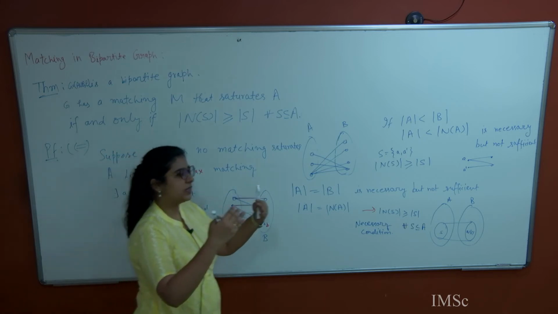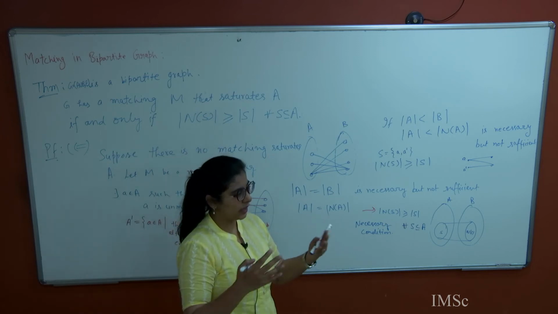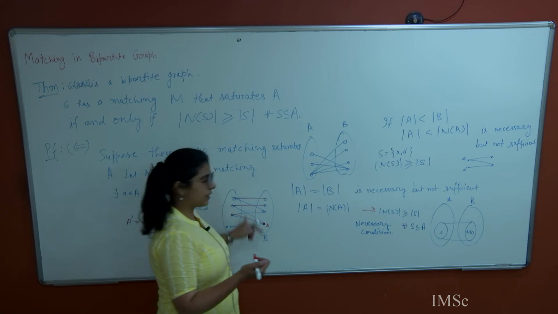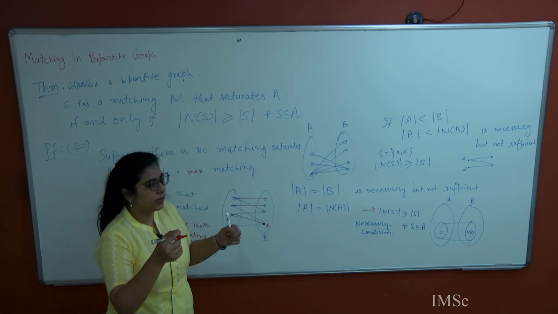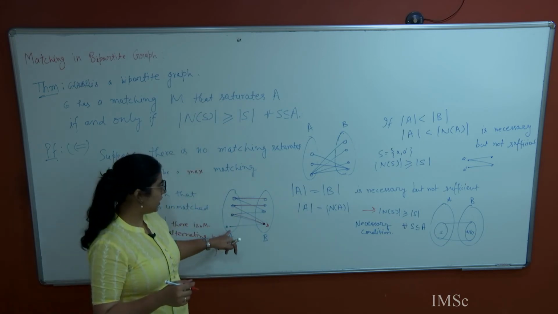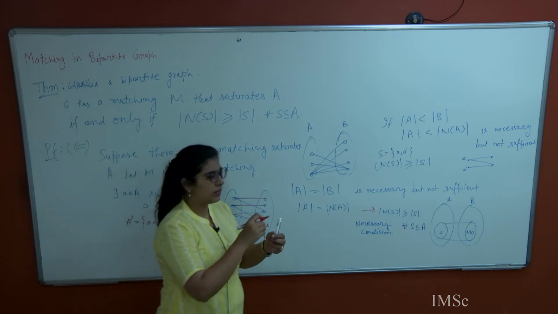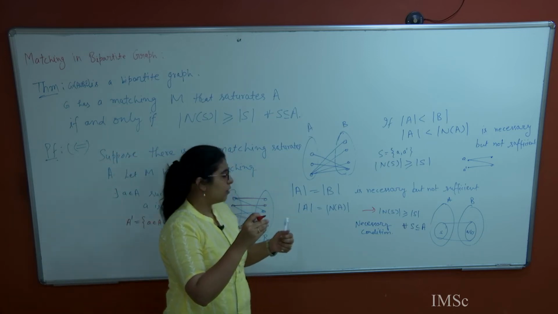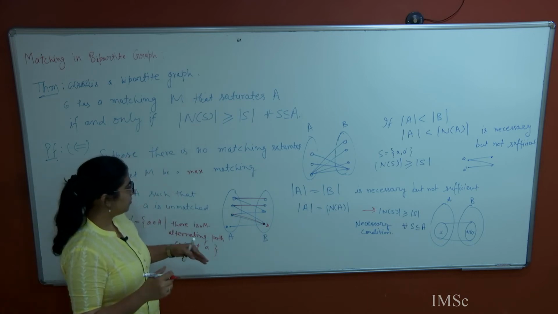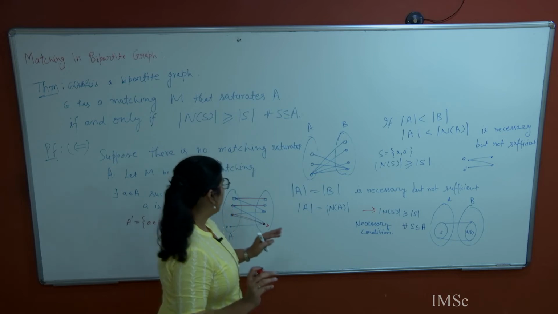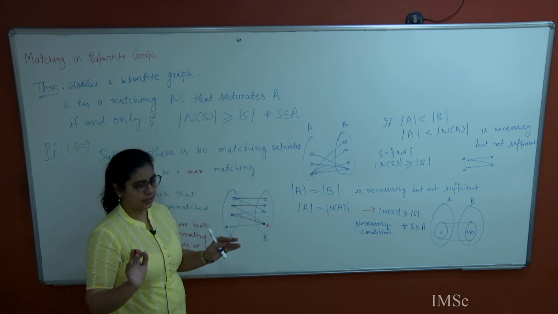How can we extend this matching? Last time we saw the characterization for augmenting paths, right? If we can extend it, that means there should be some augmenting path, and we know that A is unmatched. So we want an augmenting path from A. Because we are assuming now that this is a maximum matching, we will look at any alternating path.